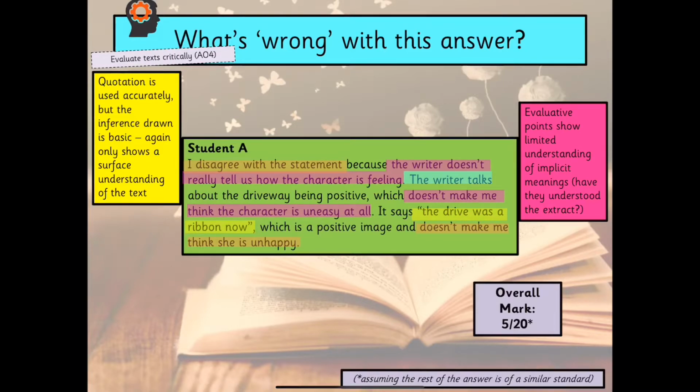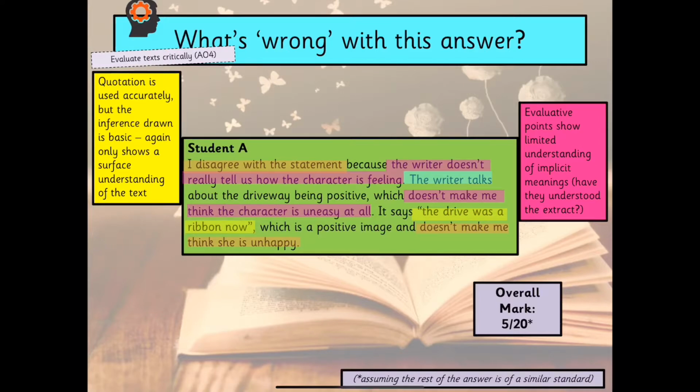So being able to draw the inference, "the drive was a ribbon now", being a positive image. Yes, okay, if you take that quote in isolation, "ribbon", as we discussed in my video on annotating for question 2, ribbon has positive connotations, yes, but if you then take the quote in its entirety in context in the paragraph, "the drive was a ribbon now, a thread of its former self". And actually that juxtaposition of the ribbon and the thread tells us a lot more about the driveway than just that it's positive.